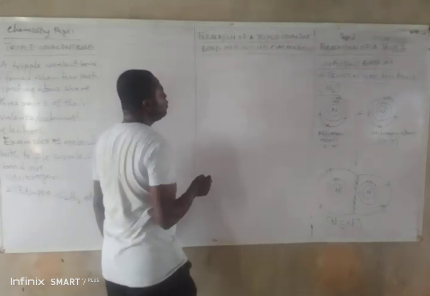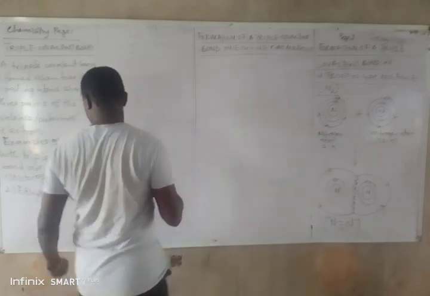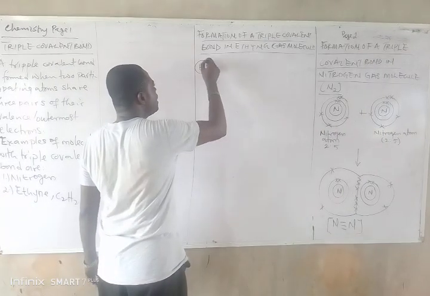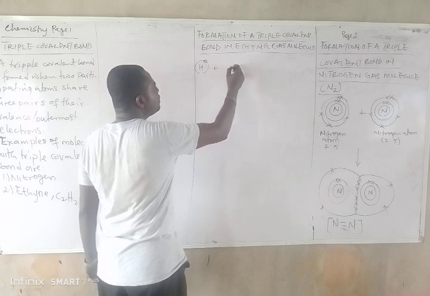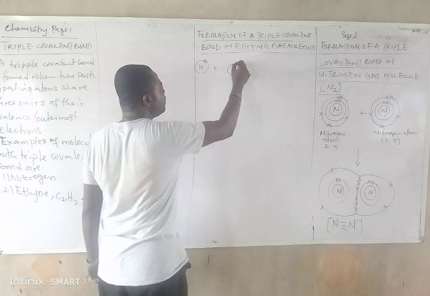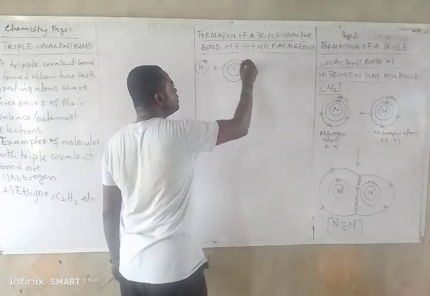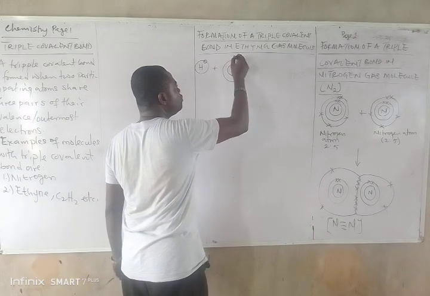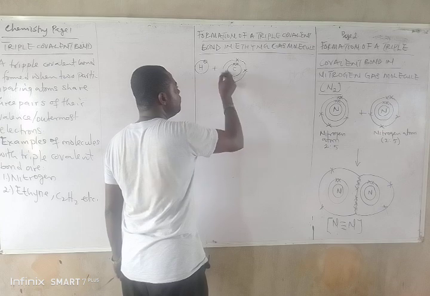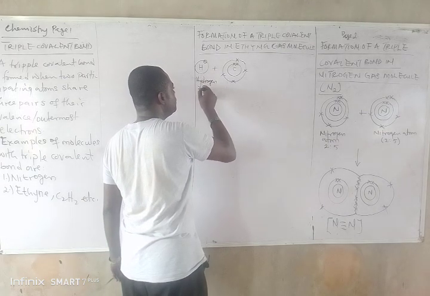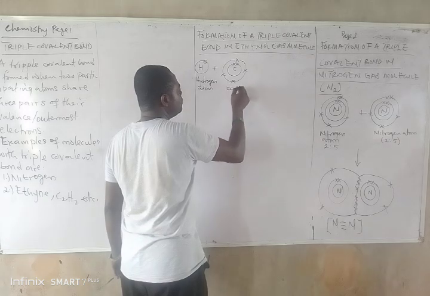We have here 2 hydrogen atoms. This is the first hydrogen. Don't forget, hydrogen has only 1 electron, plus a carbon atom here. Carbon atom is 2:4, 1, 2, 3, 4. This is hydrogen atom, and this is carbon atom.